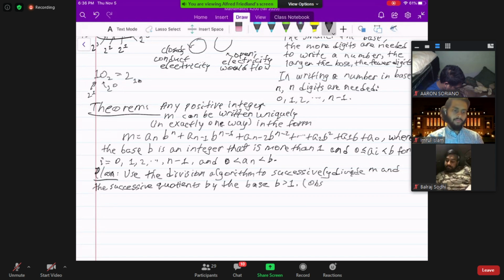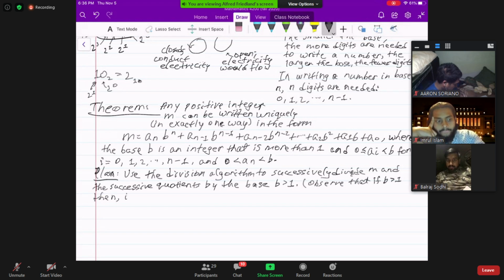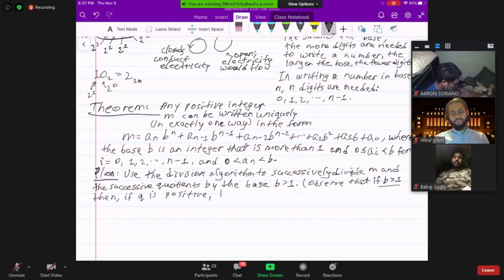Let's observe that if B is more than 1, then if Q is positive, remember we saw at the beginning of the term, we can multiply both sides of an inequality, this inequality, by the same positive number and preserve the inequality. So we can write, I'll put the Q first.